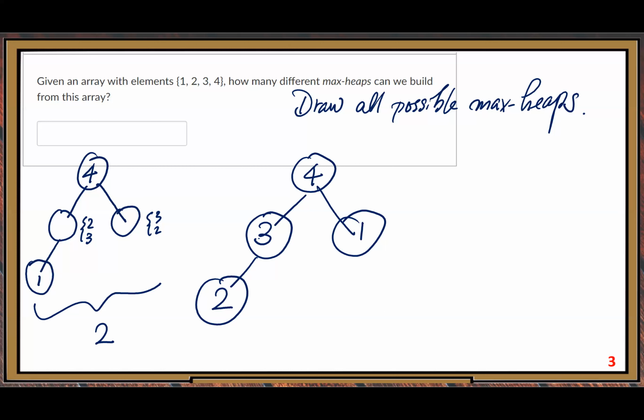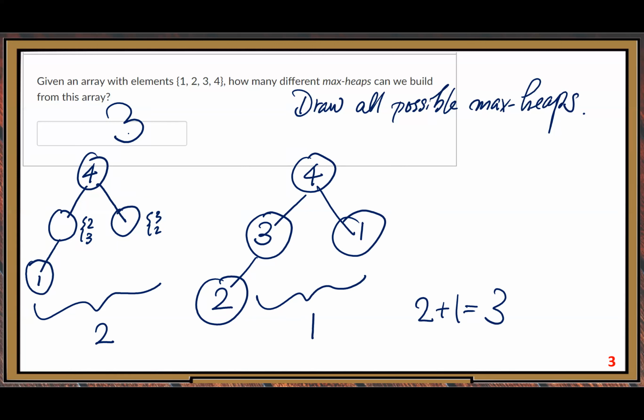So only 1 possibility. In this case you only have 1. 2 plus 1, so the answer is 3. That's how we determine all possible max heaps.